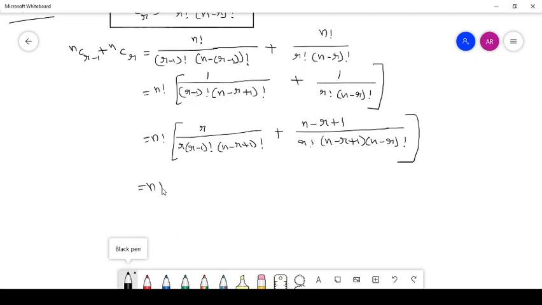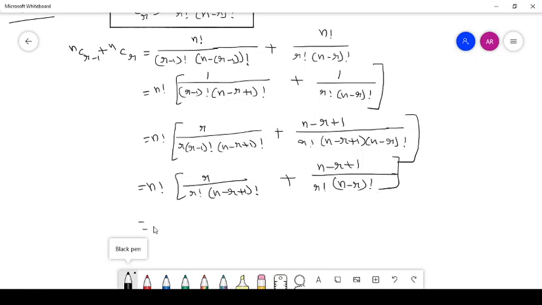This is equal to n factorial into r by r into (r minus 1) factorial, which can be written as r factorial into (n minus r plus 1) factorial, plus (n minus r plus 1) by r factorial into (n minus r plus 1) into (n minus r) factorial, which is (n minus r plus 1) factorial. Both the terms have the same denominator, so the LCM is r factorial into (n minus r plus 1) factorial. The numerator is r plus n minus r plus 1. Here plus r and minus r will be cancelled.